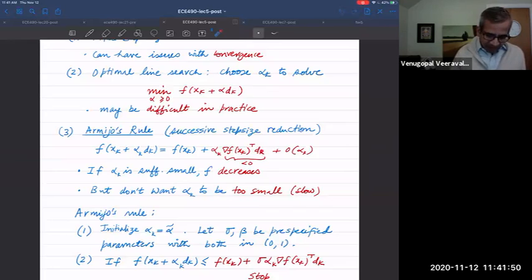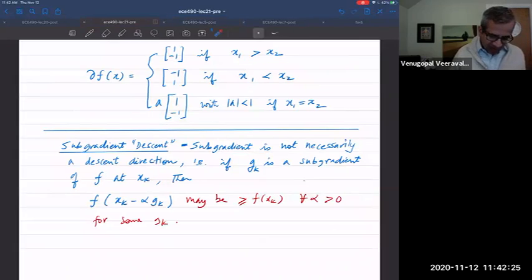In particular, if d_k is the negative of the gradient, then this is just the negative norm squared of the gradient, so it's a negative value, plus little o of alpha. That means that if I take a small step, this little o of alpha can be ignored, and I'm always going to decrease my function relative to f of x_k. But if this was not a descent direction, then I couldn't have said that. So that's what's happening here. This g may not be a descent direction.